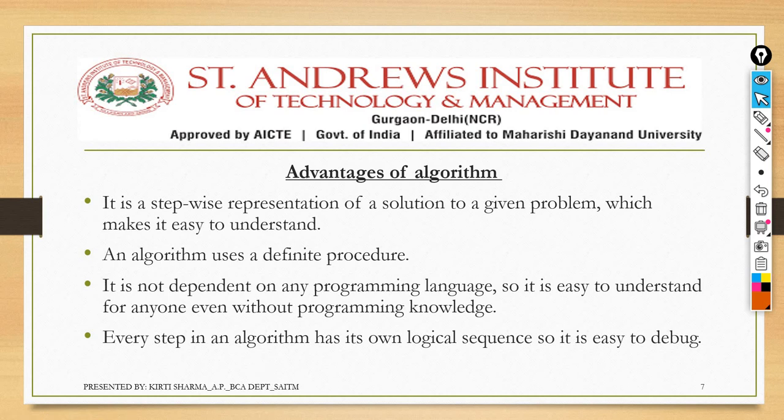So in that manner we have some advantages of algorithms also. Of course there should be some advantages. That is the reason we are using the algorithmic approach as a solution, to find the exact solution for any problem. First thing, it is a step-wise representation of the solution of a given problem that makes it easy for the user to understand.